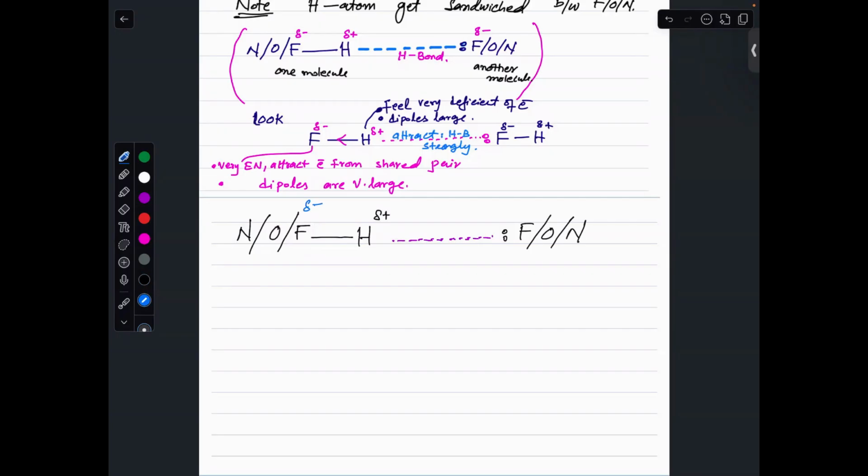This is partially negative, this is partially positive. This is a highly electronegative atom; it attracts the electron pair.